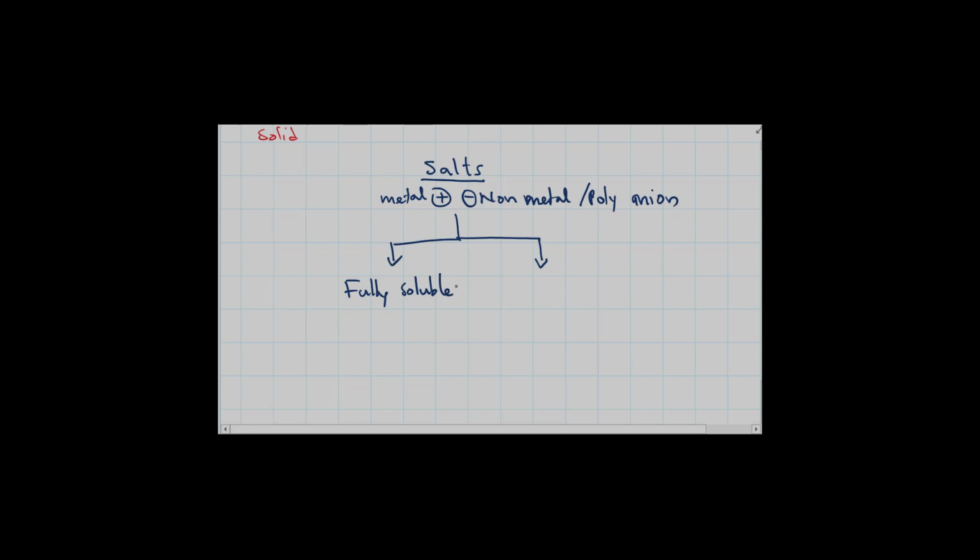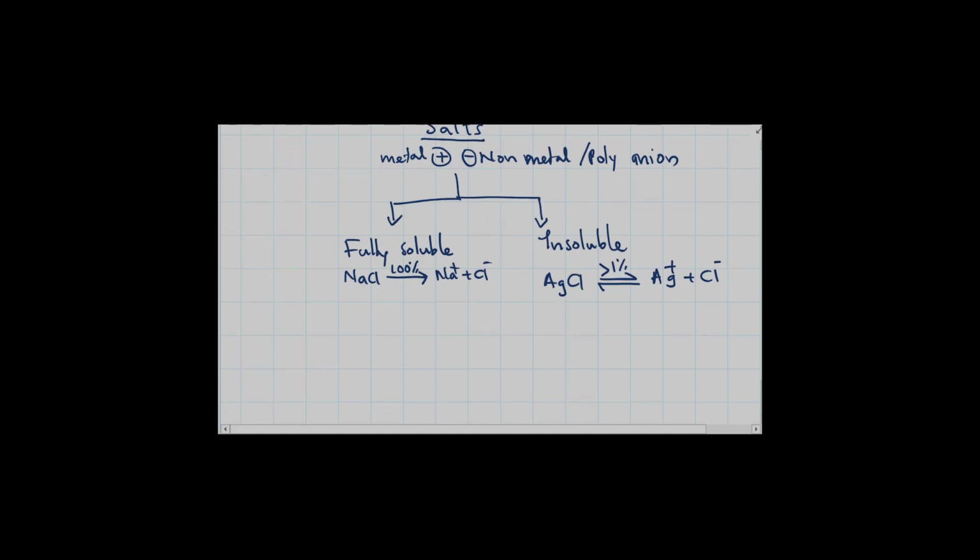The first is fully soluble, and the other we call insoluble, or sparingly soluble salts. Examples of fully soluble ones are sodium chloride, the table salt, which breaks 100% into ions. Silver chloride breaks less than 1% into its ions, silver plus and chloride minus.